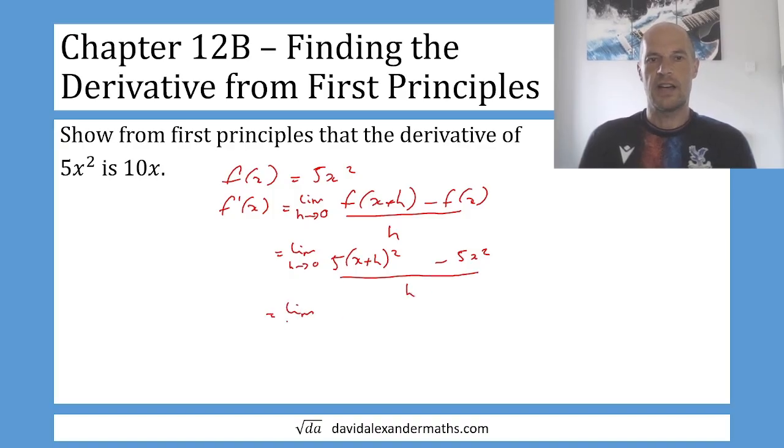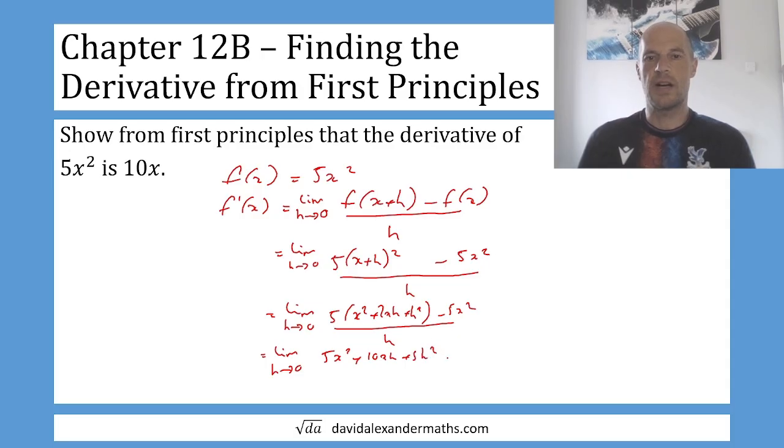Okay, so let's keep going. Let's expand the brackets. So that's going to be 5 lots of x squared plus 2xh plus h squared, minus 5x squared, over h. And again, as h is tending to 0, we're just doing algebra here really, nothing else going on, just expanding those brackets: 5x squared plus 10xh plus 5h squared minus 5x squared over h. So this is always what happens. This will cancel with that.